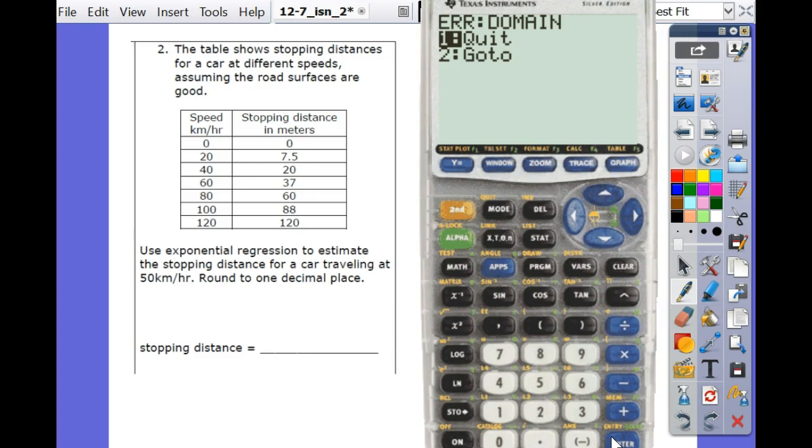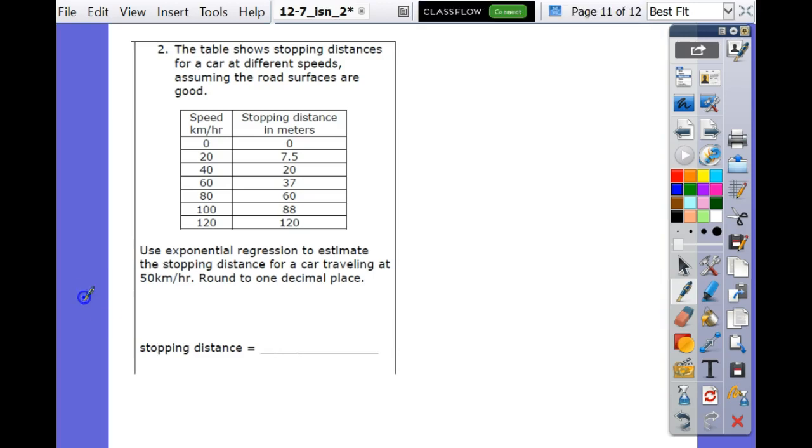Why is that? It says there's a domain error. Do you remember that the exponential graph looks like this? And what is there right down here at the bottom of the graph? An asymptote. Where is that asymptote? At 0. The calculator can't find the equation because this is at the asymptote.